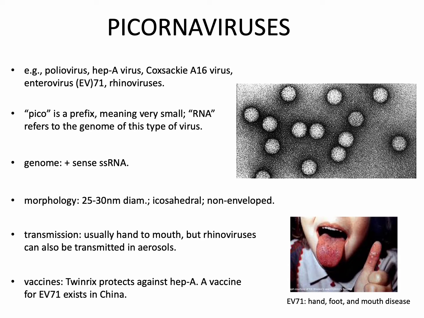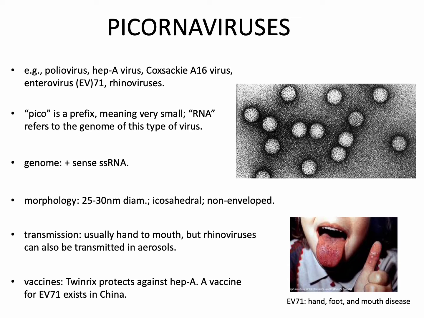Coxsackie A16 is the usual cause of hand, foot, and mouth disease, shown in the lower photograph. But enterovirus 71 infection can cause the same syndrome. Enterovirus 71 has also been associated with severe neurological complications in children under 5.